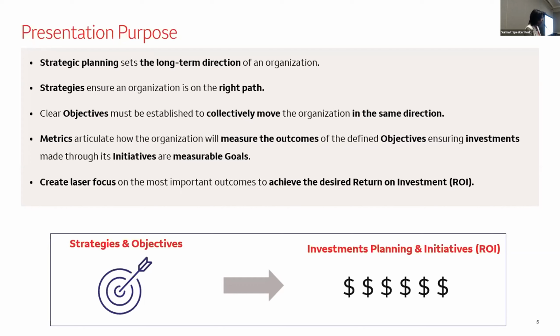How are you going to measure that what we are building, the capabilities we're enhancing, are effective and will achieve the outcomes and goals we have set? In order to create laser focus on the most important outcomes, it's critical that we understand how we're going to measure our return on investment.